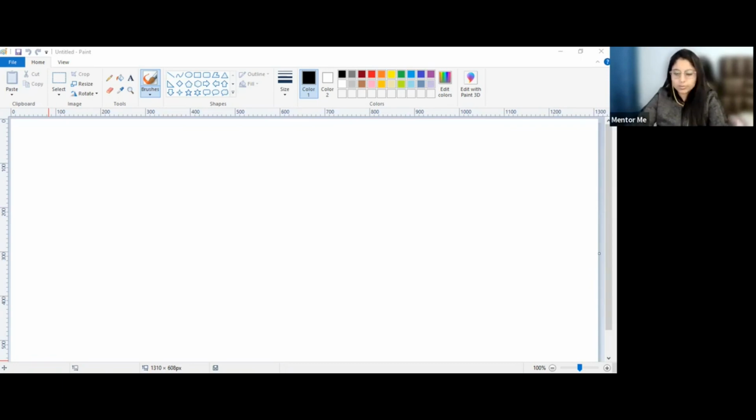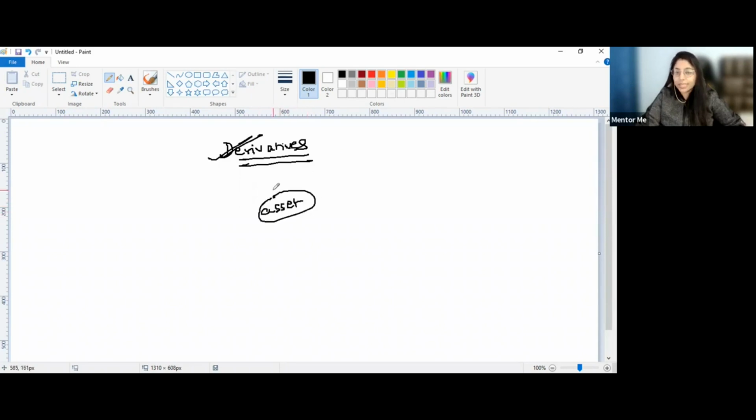Therefore, we call them derivatives. Now, in this case, instead of an asset, we have a credit contract. Now, what is this credit that we are talking about? It's like a swap agreement.